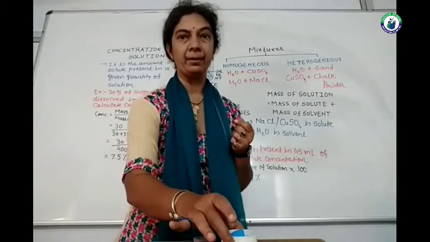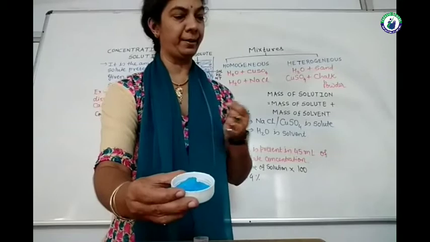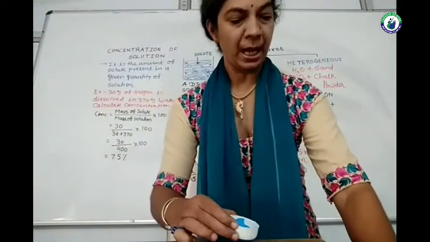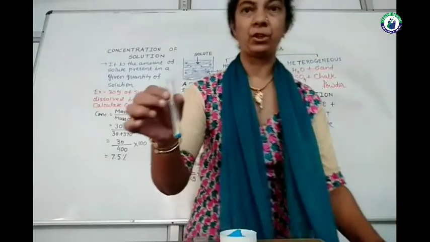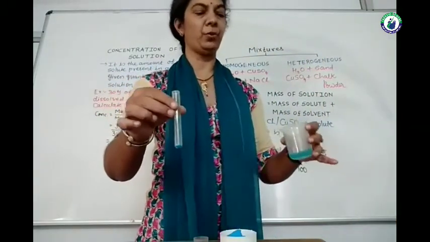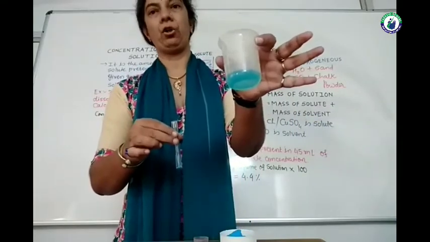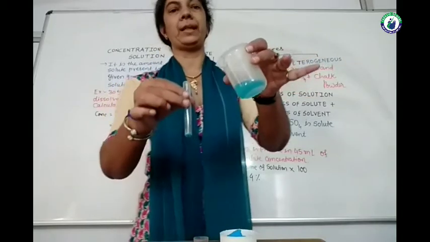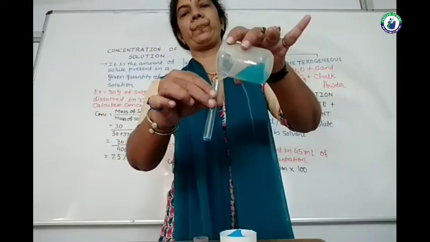We have the crystals of copper sulfate that I am mixing with water. So I had taken CuSO4, copper sulfate, in the test tube. Now, this is the copper sulfate solution, and you can see I am adding it into this test tube.